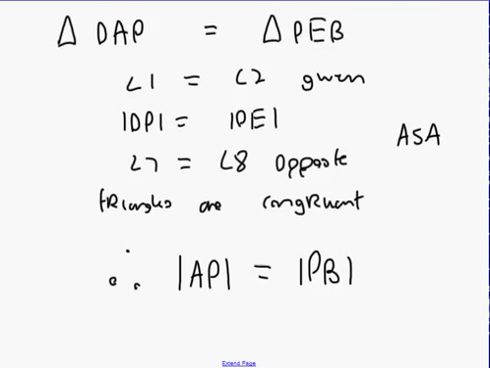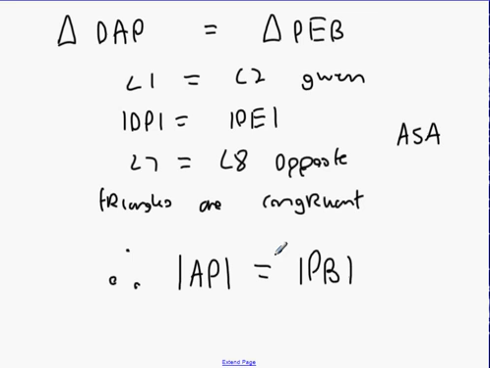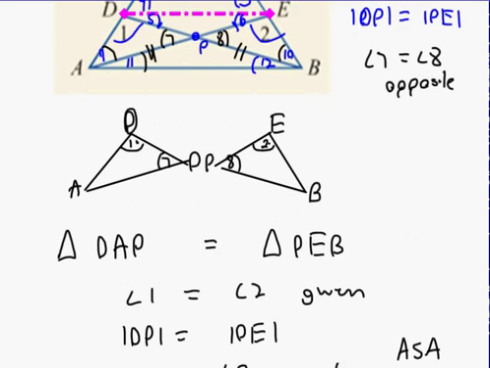I need to call this one angles 9 and 10, and this one 11 and 12. DAP and PEB being congruent proves that angle 9 equals angle 10. So therefore it follows that angle 11 equals angle 12.